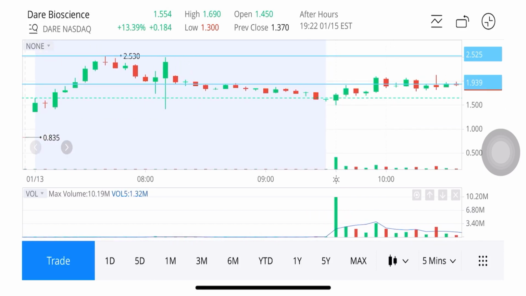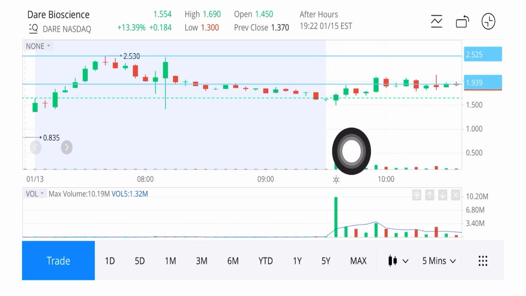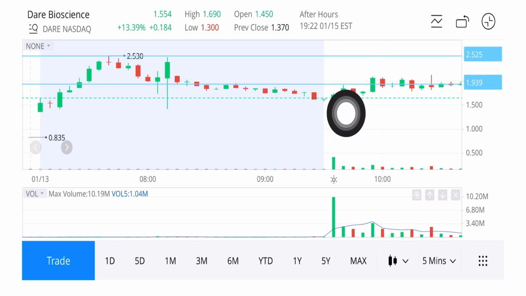So again, in terms of high probability trades, you want to look for multiple factors in order to enter a trade. You want to see multiple reasons that give you a clear indication that the trade is worth entering. So how many indicators do we have right here? We have one. That's a hammer candle at the bottom of a downtrend.